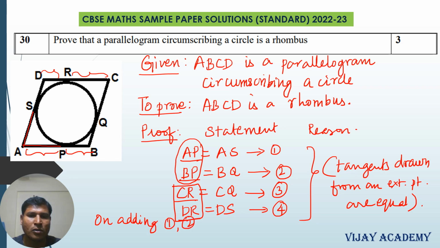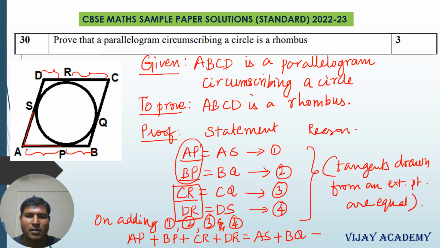Now by adding equations 1, 2, 3 and 4, we get AP plus BP plus CR plus DR equals AS plus BQ plus CQ plus DS. Now AP plus BP together is AB.